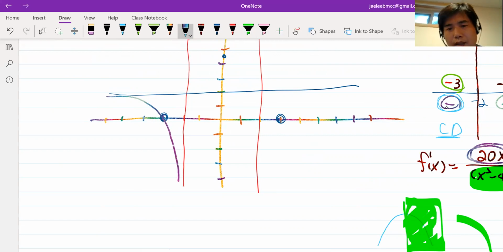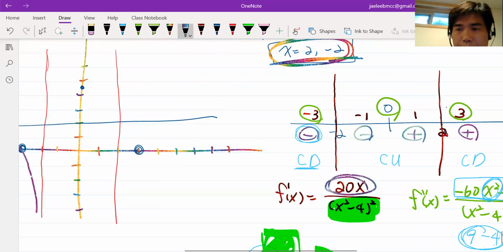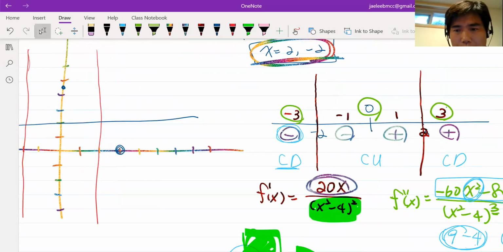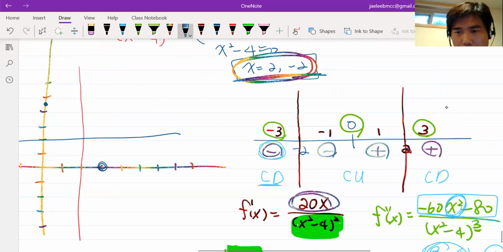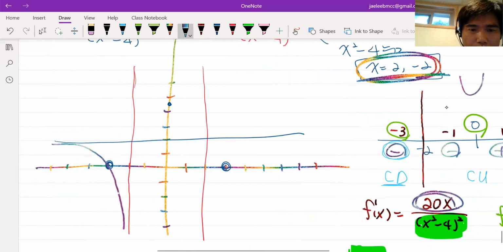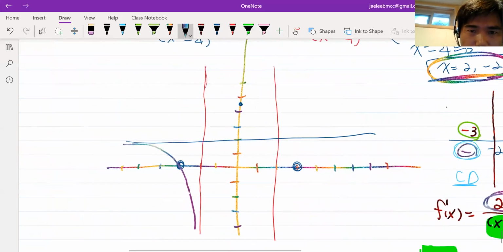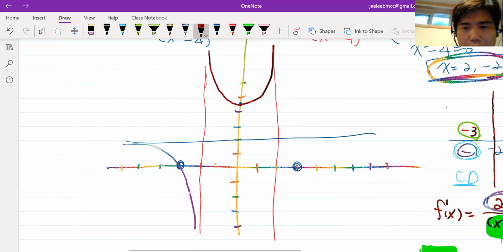All right, then. Now, until 0, it is decreasing and concave up. Now, after 0, increasing concave up. So that shape must be this then. Okay, so I can draw the picture here. Looks like this.